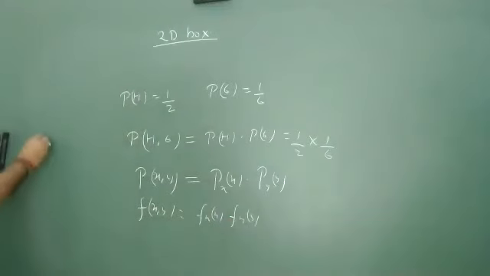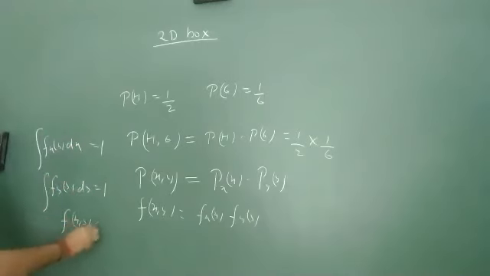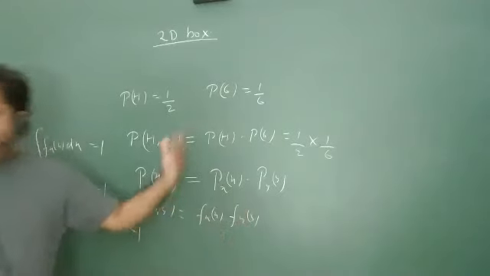Then you always have to keep in mind that the integral of fx(x) dx will be 1, and the integral of fy(y) dy will also be 1, and the integral of f(x,y) dx dy will also be 1, isn't it? Because this is also a probability density, this is also a probability density, this is also a probability density.